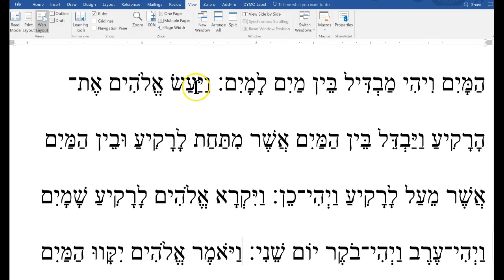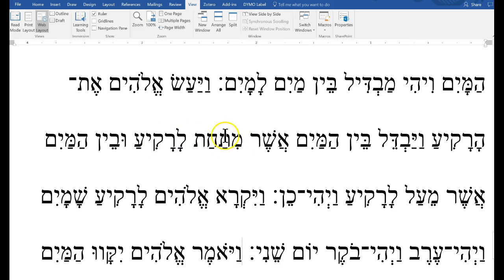And God made, "et", the definite direct object, so "et" made the rakia, and either the rakia or God caused the separation. I think that's the same form as in day one. Caused the separation between the light and between the waters which were from underneath to the rakia.